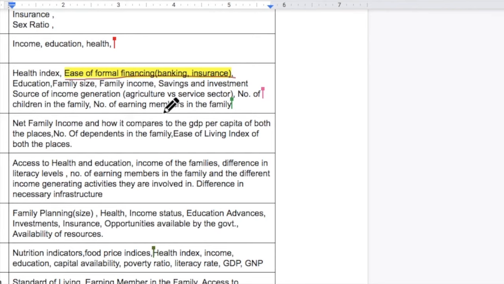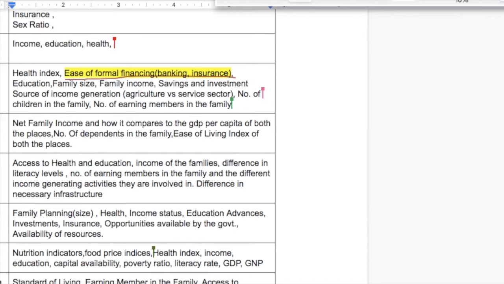Then some of these factors are family size, number of people in the family, number of dependent people, number of earning members. These are all related to population, so I wouldn't really consider them multiple different factors.